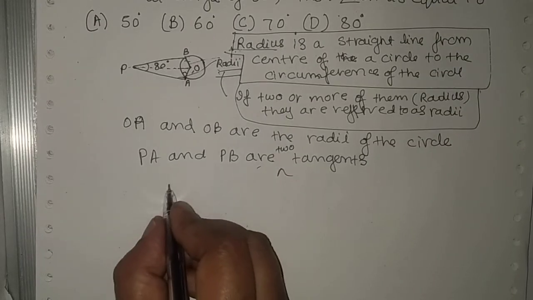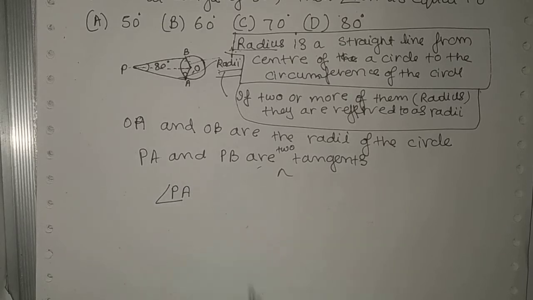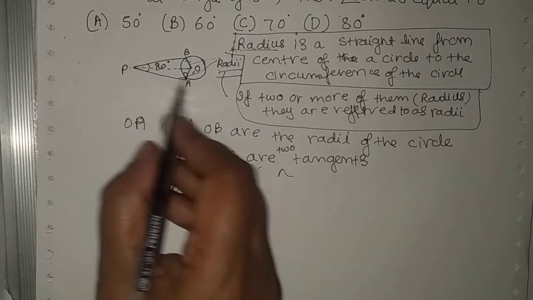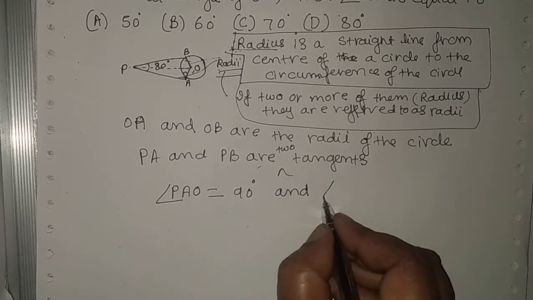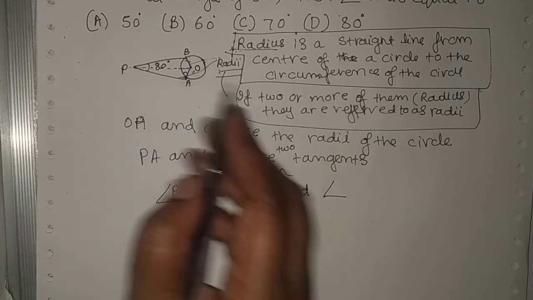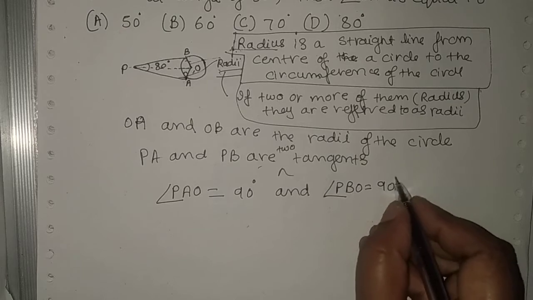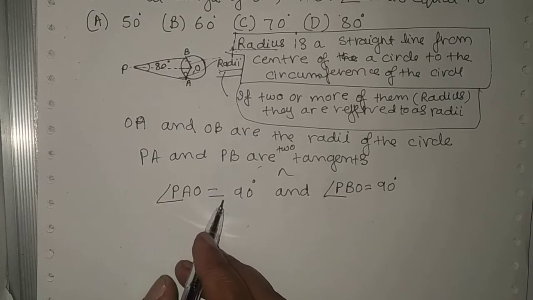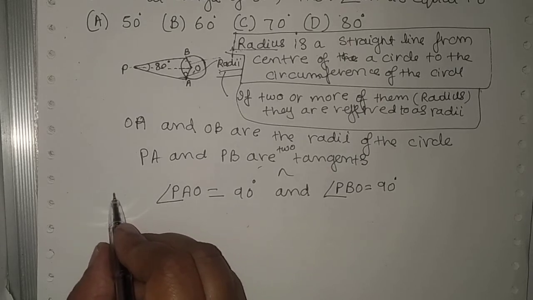Okay, next angle PAO is equal to 90 degrees and angle PBO, this is also 90 degrees. So next, this forms a quadrilateral as we saw in the previous problem.